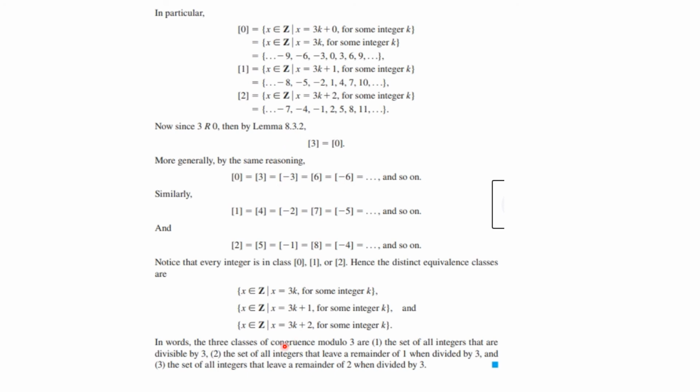So we work through this, and we see that the equivalence classes are the ones where there's a remainder of 0, a remainder of 1, or a remainder of 2. This is the one with 0 remainder, this is the one with 1 remainder, this is the one with 2. So you see, if we're doing these modular things, we're really saying there are only 3 equivalence classes.